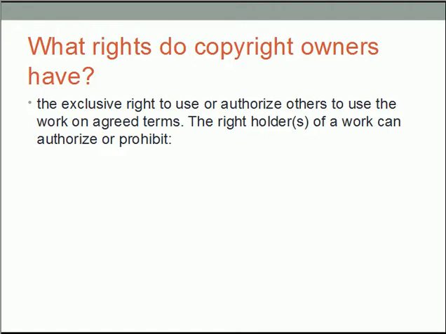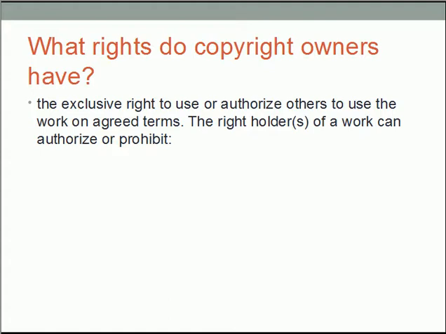Works covered by copyright include, but are not limited to, novels, poems, plays, reference works, newspapers, advertisements, photographs, sculpture, architectural buildings, maps and technical drawings.